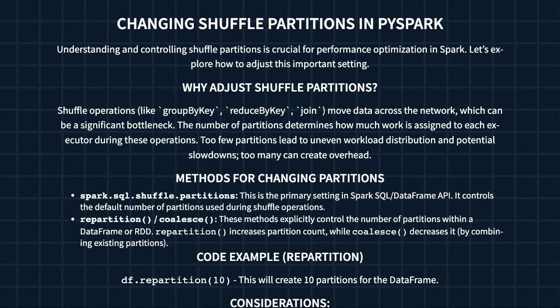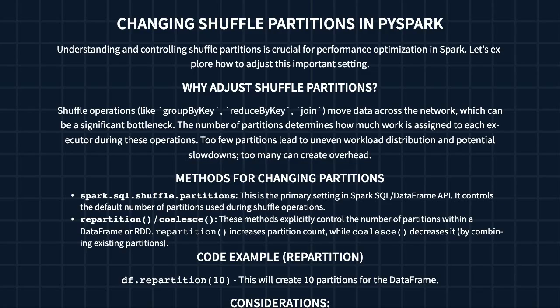Okay, let's talk about shuffle partitions, a really important thing to understand when optimizing your PySpark jobs. Basically, these are like dividing up all that data moving around during operations like grouping or joining. If you don't control them properly, it can lead to some serious bottlenecks. There are two main ways to adjust them. The first is a global setting called Spark SQL shuffle partitions, which controls the default number of partitions used.